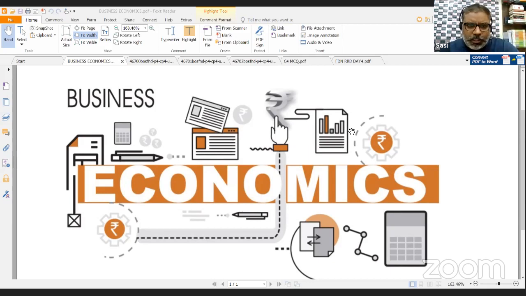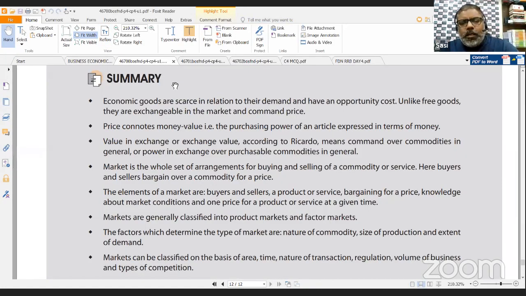This has 3 units, and the first unit briefly tells us about different types of markets, but most importantly than that, it tells us about the concepts of revenue. So far, we have discussed the concepts of demand, supply, consumer behavior, theory of production, theory of cost.